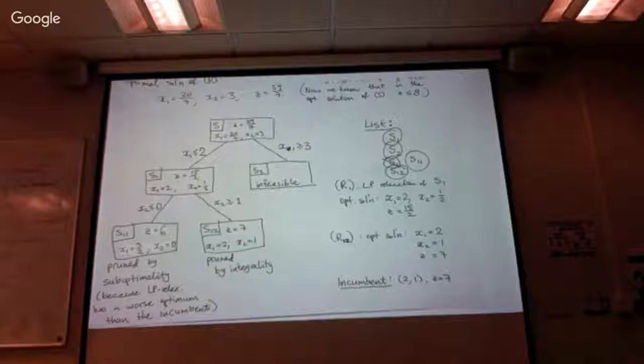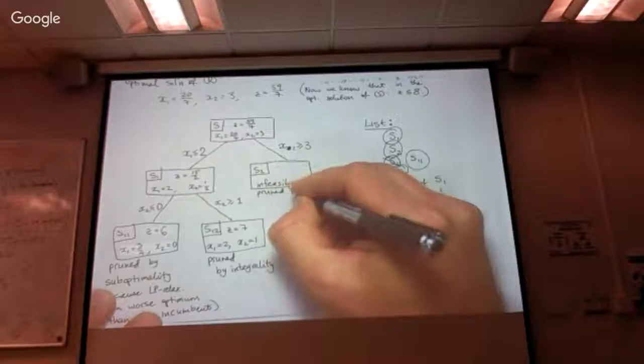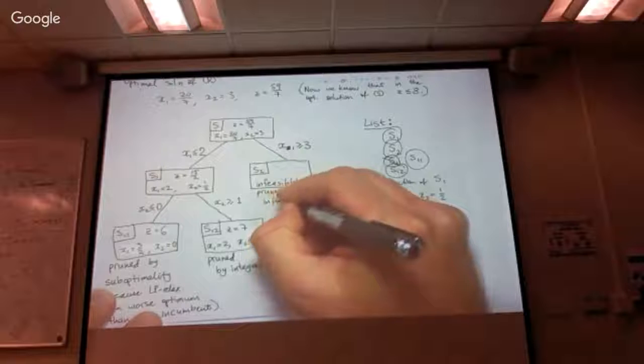So even if I don't insist on the solutions being integers, there are no feasible solutions in that branch. Do I branch again? Or do I prune? This is called pruned by infeasibility.